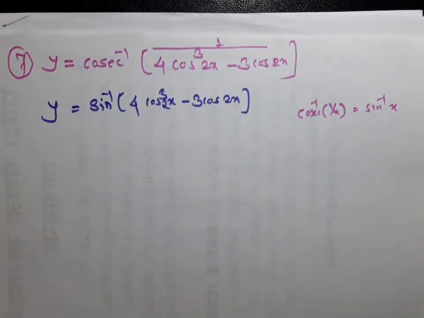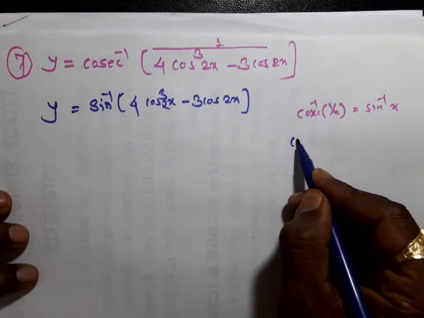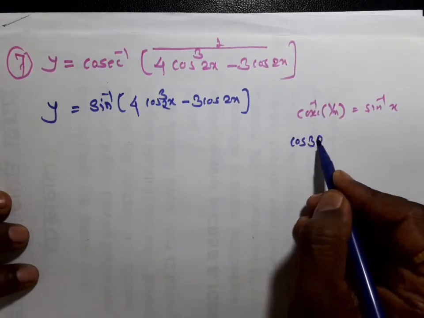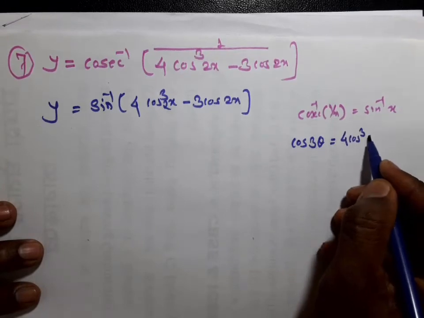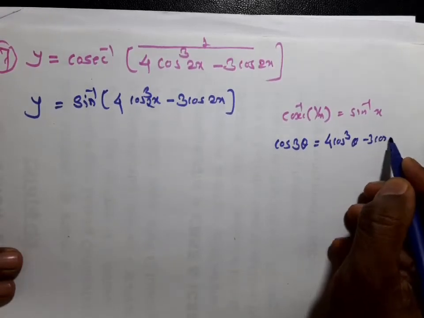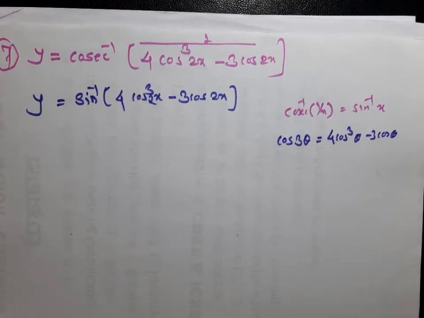Now you know the formula of the sin 3 theta and cos 3 theta. We know cos 3 theta is 4 cos cube theta minus 3 cos theta. So we are going to use this formula.